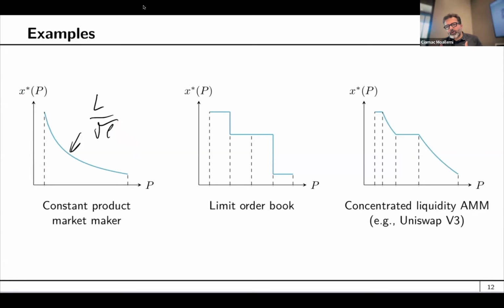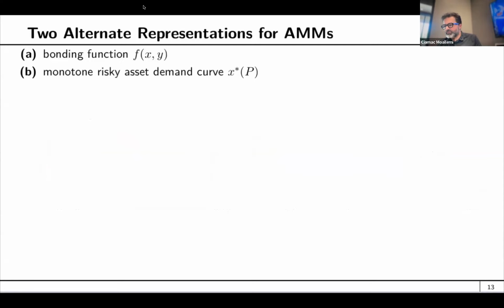So thinking about automated market makers and constant function market makers, not through the invariant function, but rather through this demand function, is a unifying framework, and in our view is a much more natural way to describe things. And in fact, it's 100% equivalent. If you give me a bonding function, f of x,y, I can give you a monotone risky asset demand curve, x star of p, and vice versa.